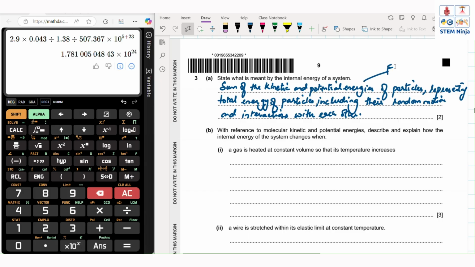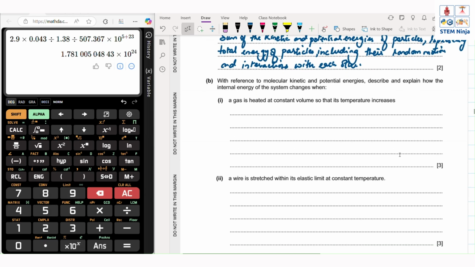By the way, this is also in our FAQs. With reference to molecular kinetic and potential energies, describe and explain how the internal energy of the system changes when a gas is heated at a constant volume so that its temperature changes. Okay, so two things you need to know over here. They're talking about substances that are non-ideal, so the internal energy is based on the sum of kinetic plus the sum of potential energies.